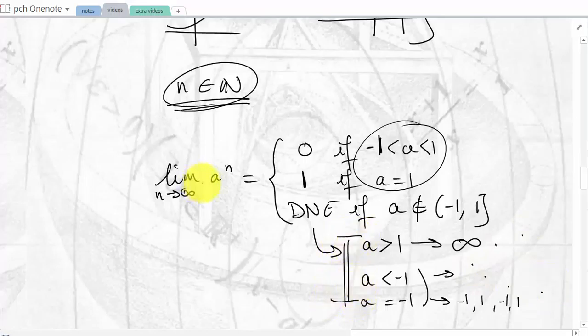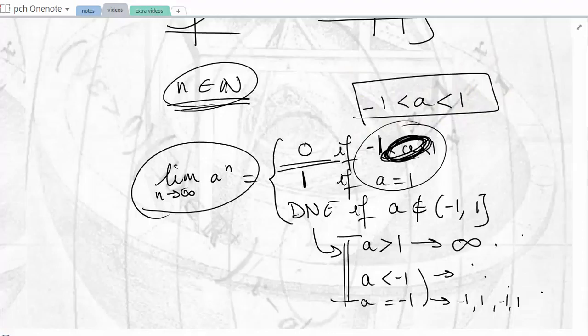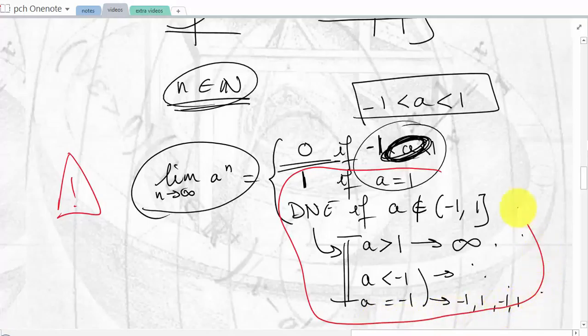What I want you to know is that the limit of a to the n as n approaches infinity is 0 only when the base is between -1 and 1, not included. This is a major result. You need to know it, okay? These cases here are something we can talk about in class.